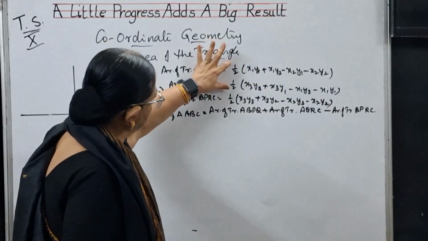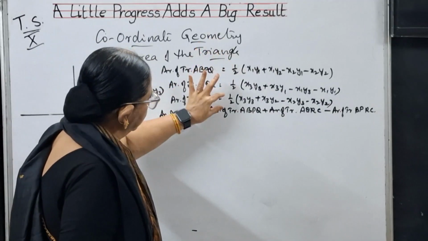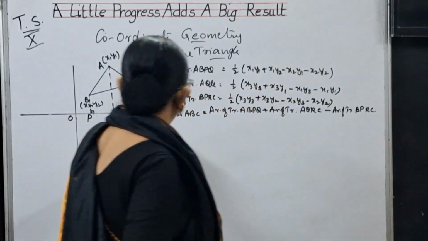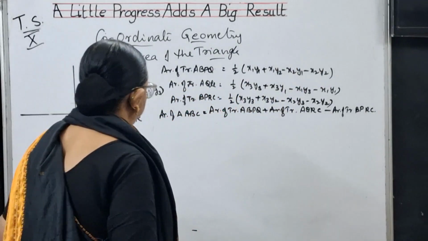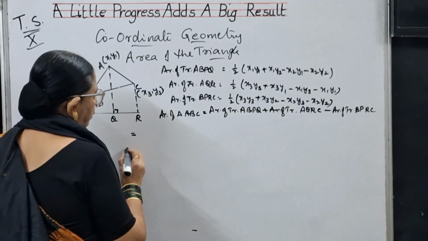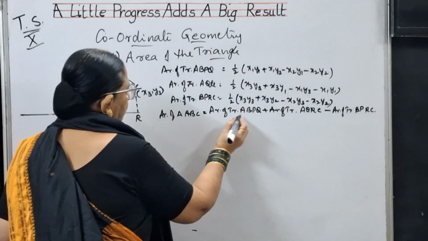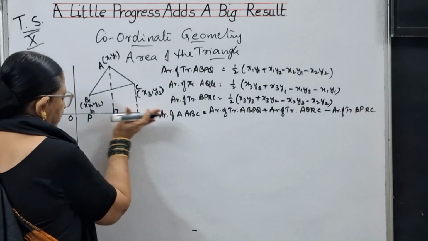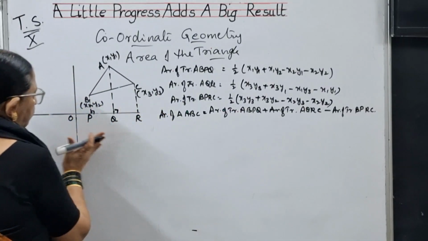These two values you have to add and this you have to subtract. Let us take the values given for this. I'll write from here, children. We need lots of space.